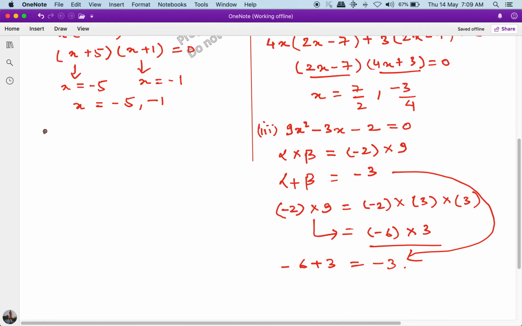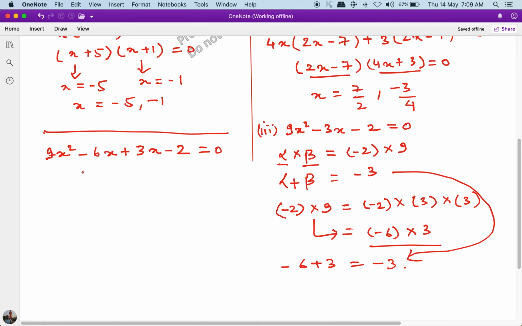So the final solution, let me solve it here. The final solution will be 9x square minus 6x plus 3x minus 2 equal to 0. Alpha and beta now become the coefficients of the middle terms.